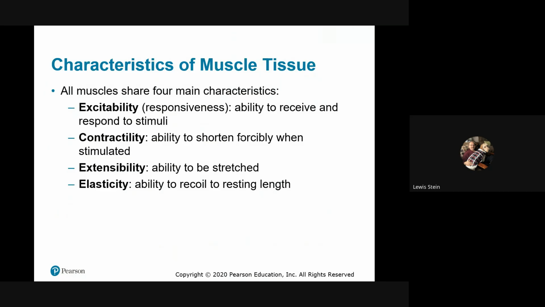What's the longest muscle in the body? Thank you, sartorius. Why is it called the sartorius? This is the kind of stupid trivia I will never ask you, but it's great. I love this. Have you ever heard the expression sartorial splendor?